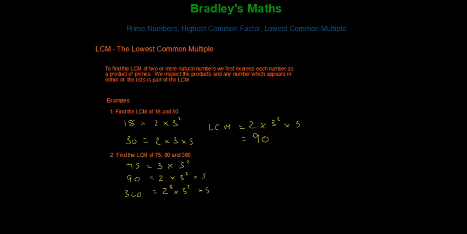So the LCM equals, all right, let's take this. We have a 2 cubed here and a 2 squared there and no 2 in there. We take the 2 cubed because that will include this 2. So 2 cubed. Then we have a 3 here, a 3 squared here, and a 3 squared here.